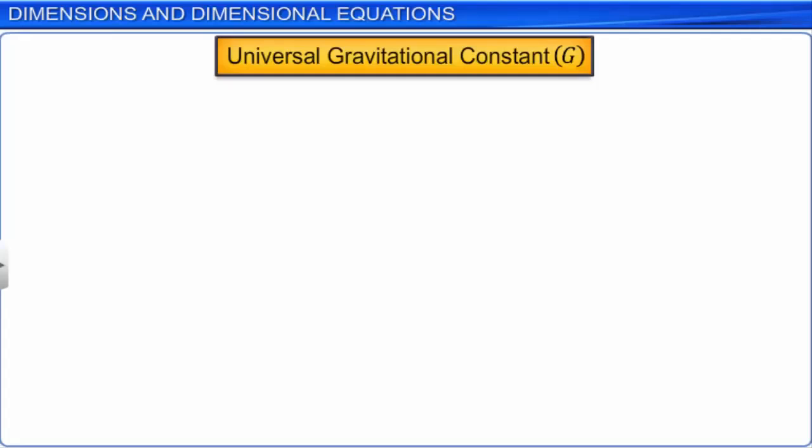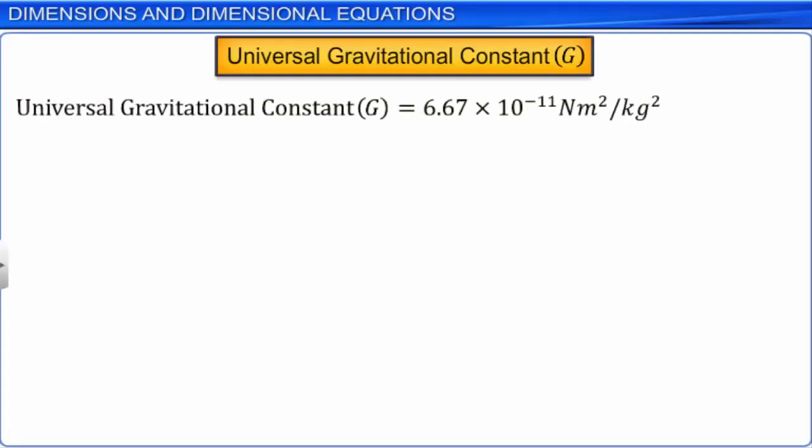For example, the universal gravitational constant G is a constant whose value is 6.67 into 10 power minus 11 Newton meter square per kg square, and is denoted by the expression G is equal to force F into distance d square by mass m square.